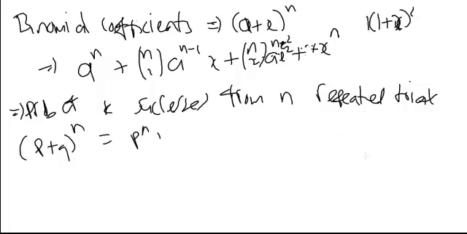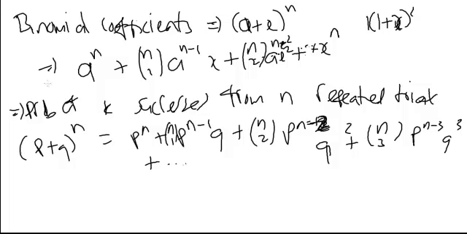I can say that's equal to p to the n plus n choose 1 p to the n minus 1 q plus n choose 2 p to the n minus 2 q squared plus n choose 3 p to the n minus 3 q cubed plus dot dot dot plus q to the power of n.